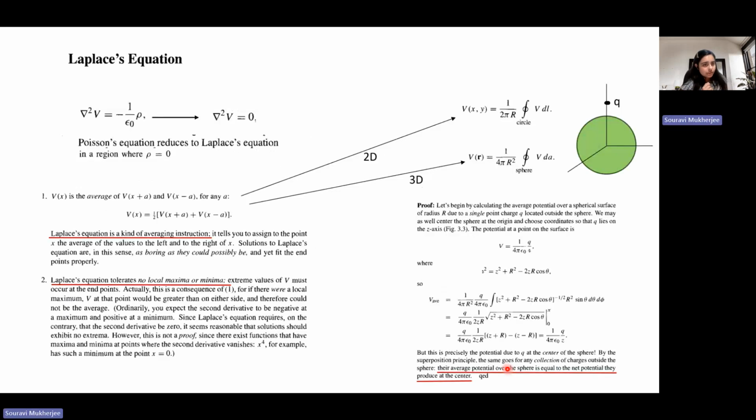Then we did solve the Laplace equation. We saw that there are interesting properties of solutions to the Laplace equation. All the solutions to Laplace's equation are called harmonic functions, and harmonic functions are basically averages of the values around them.